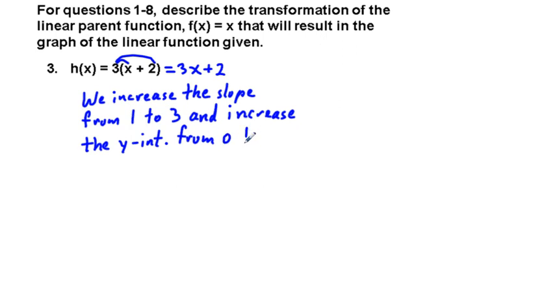From 0 to 2. And so that would describe our transformation.